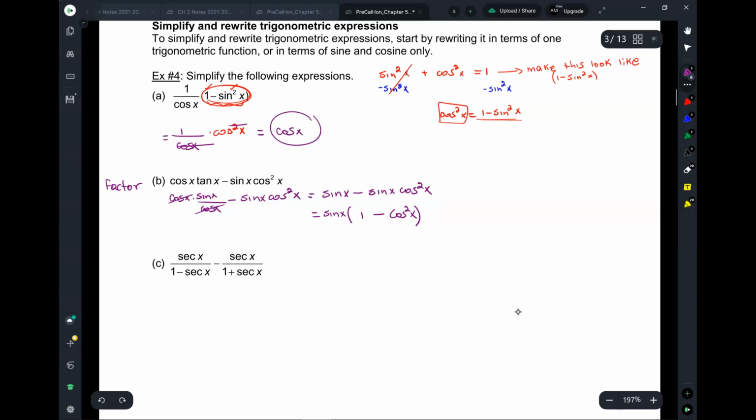Now I run into the same situation. Sine x, I can't do anything about. But look at what I have here. A 1 plus or minus something squared, a function squared. What should those remind me of? The Pythagorean identity. So grab the one that has a cosine squared. That's this one.